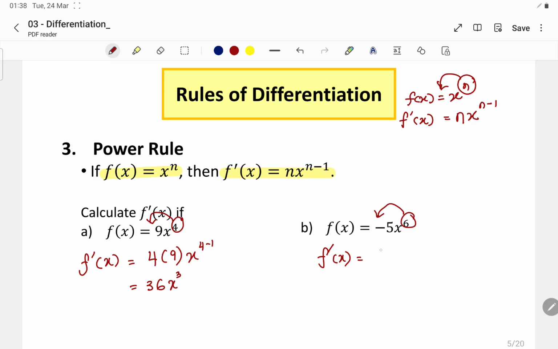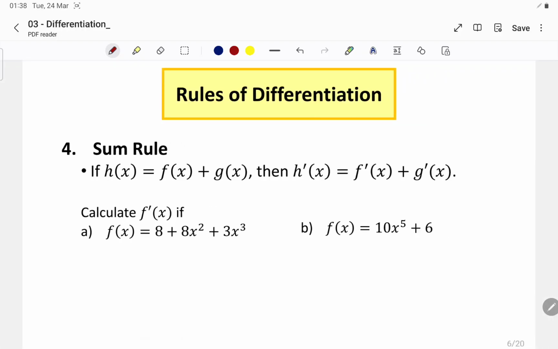You bring 6 in front, then copy negative 5, and then copy x to the power of 6, and the power you minus 1. Then 6 multiplied by negative 5 becomes negative 30x to the power of 5. So that's it for the power rule. Easy, right?